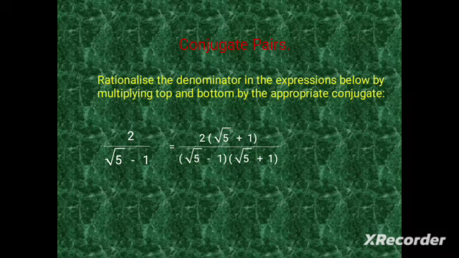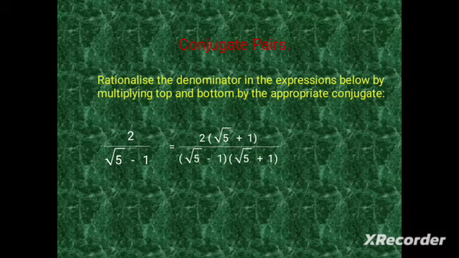So we have root 5 minus 1, and the conjugate pair will be root 5 plus 1. So the fraction is 2 over root 5 minus 1 times root 5 plus 1 over root 5 plus 1 on the denominator.